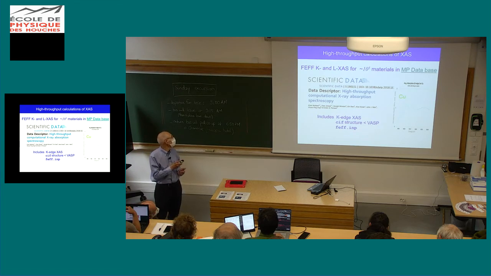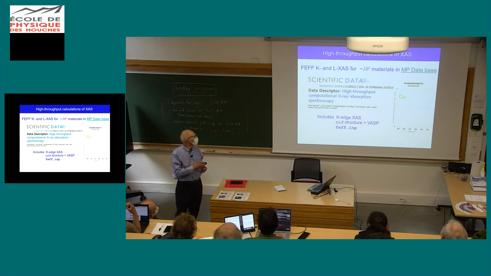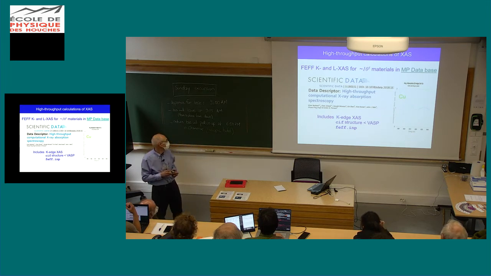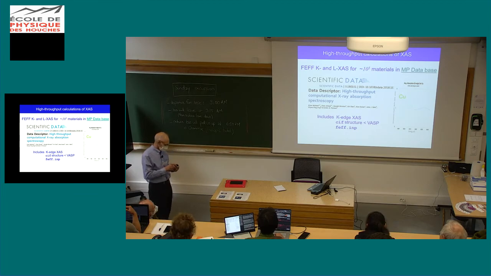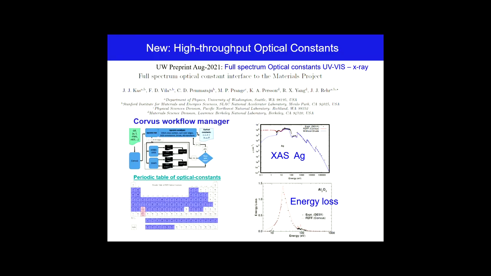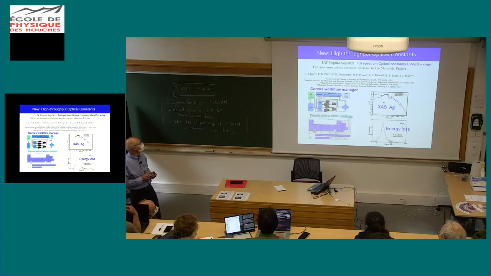And they've recently been adding L edges, but they also provide a CIF structure file, which they get from VASP, and a FEFF input file. So this is a good source of input files for doing a lot of condensed matter materials. This is not molecules, but it's there.